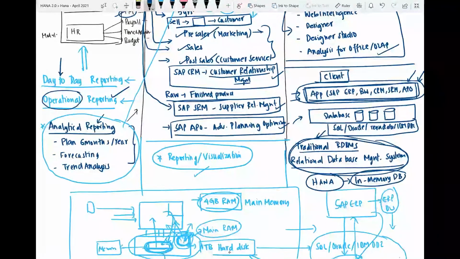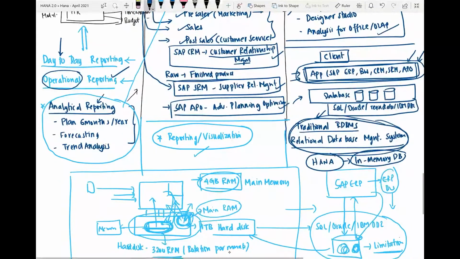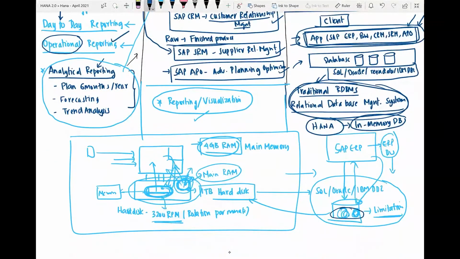Now, can everybody understand and appreciate why a HANA system is called an in-memory database? There is no traditional mechanical device that is storing your SAP data, the entire database. So what happened?